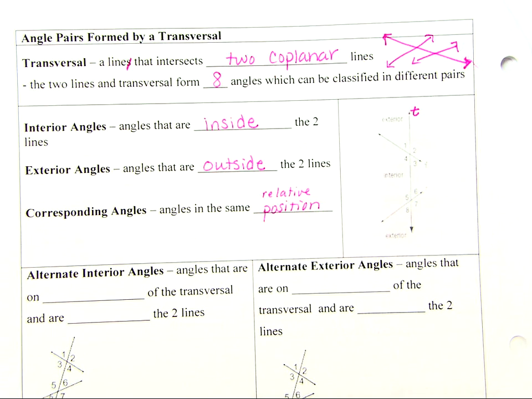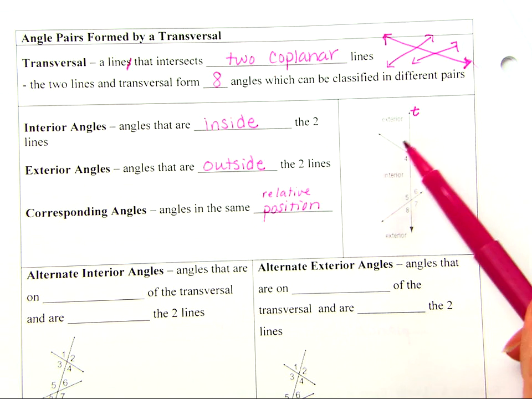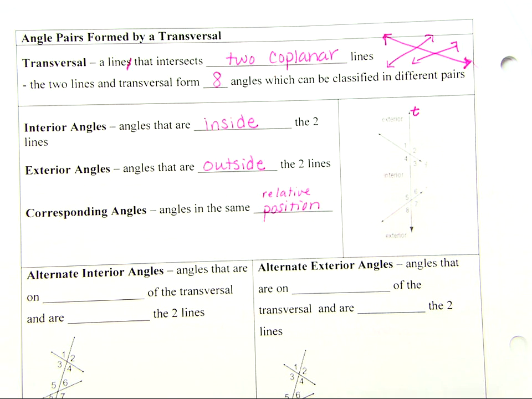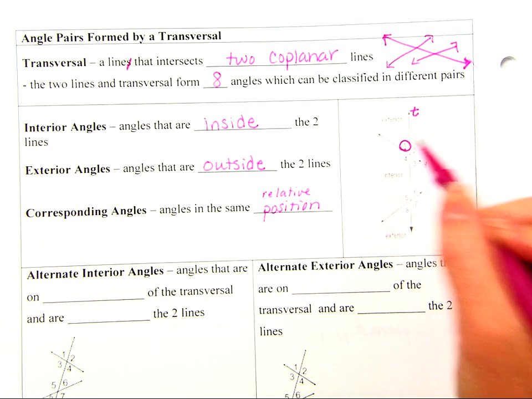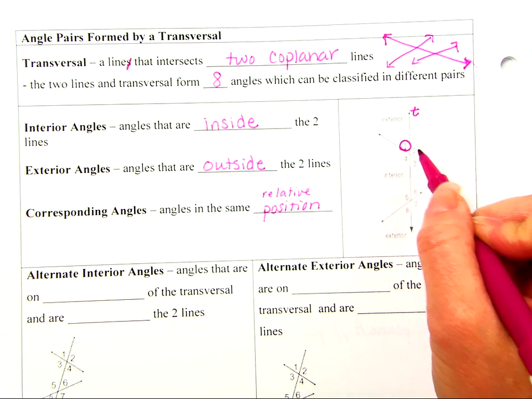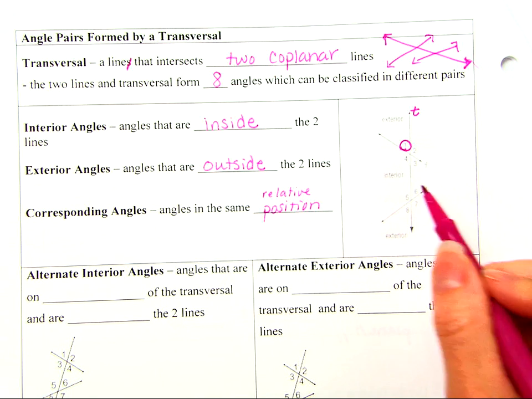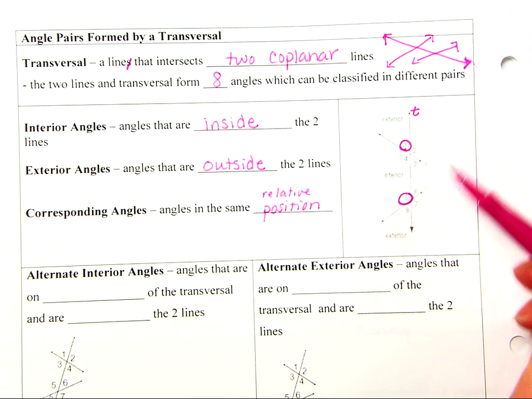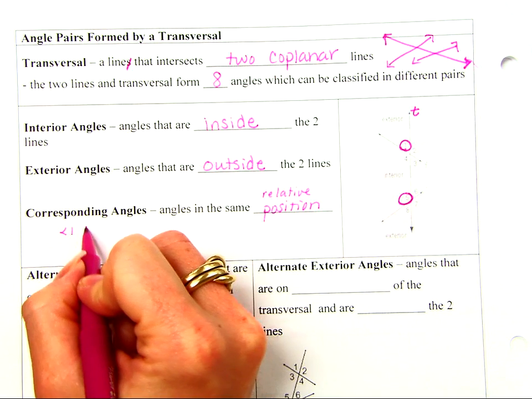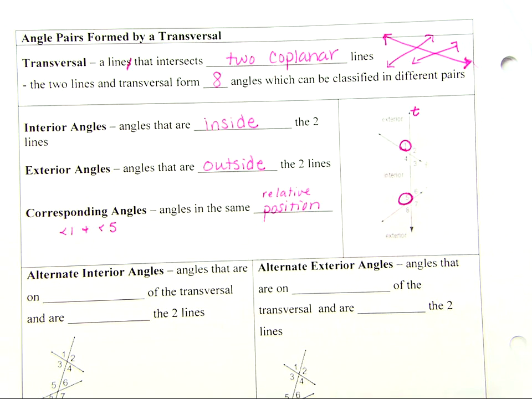So at the intersection point, in the same relative position, as I look at this diagram here, at this first intersection, angle 1 is in the top left. It would correspond with angle 5, also being in the top left. So angle 1 and angle 5 are corresponding angles.